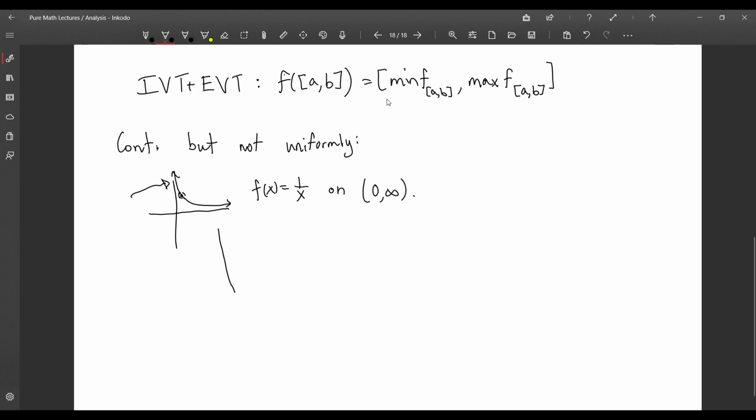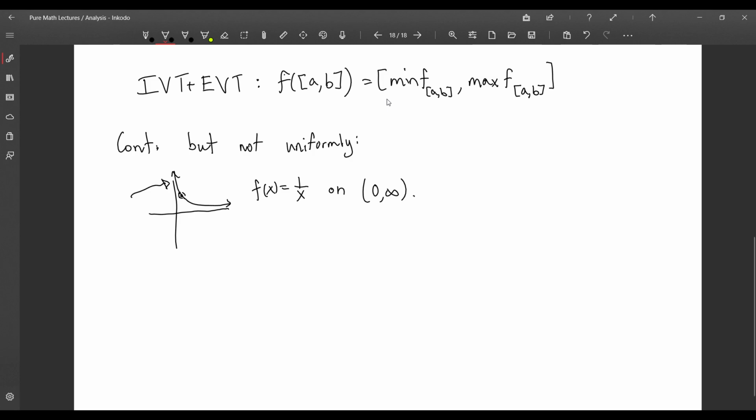Essentially, you can think of it as this part of the function gets steeper and steeper. If I want the functional values to be closer and closer together, then since this spike is getting steeper and steeper, the input values are getting much, much closer together, and you can't guarantee that delta. The epsilon is going to be the same everywhere, but the delta value will start failing as you go to the left of the graph.